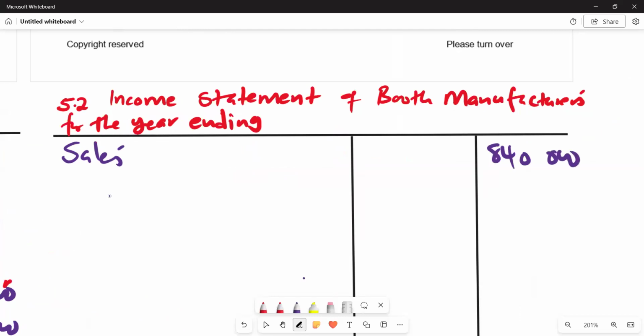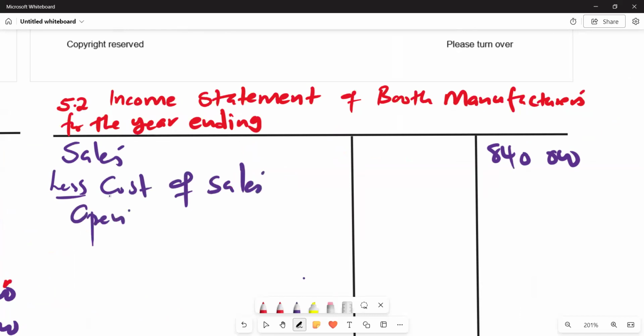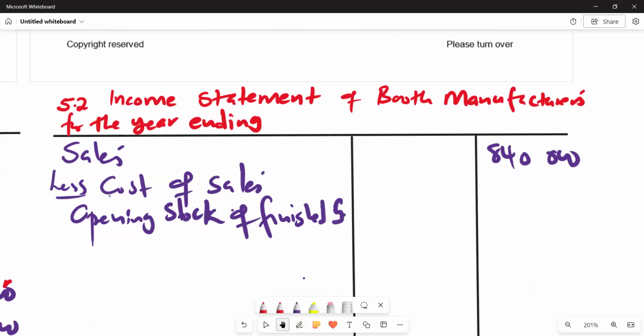Then from there, we are saying less cost of sales, whereby we are going to start with opening stock of finished goods.